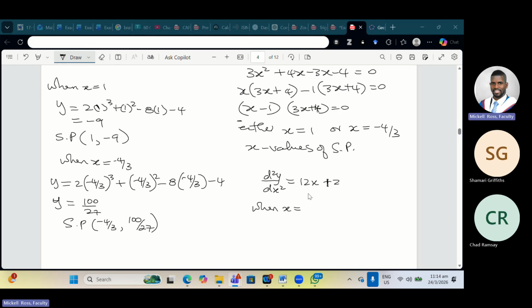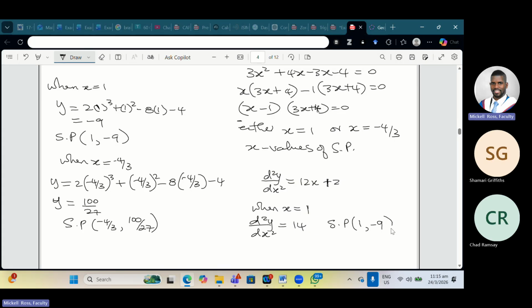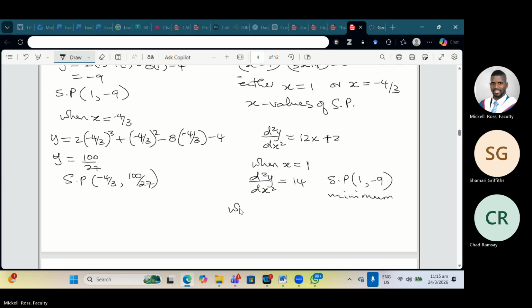When x is equal to 1, the second derivative is going to be equal to 14. So the stationary point, that is 1, negative 9, is going to be a minimum. And when x is equal to negative 4/3, the second derivative is equal to 12 times negative 4/3 plus 2.